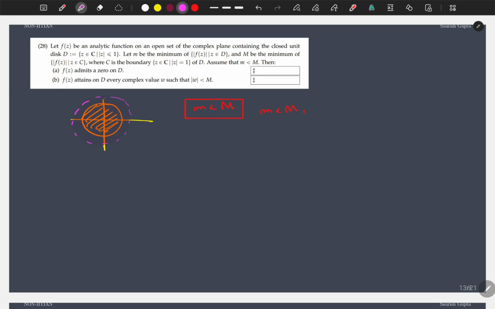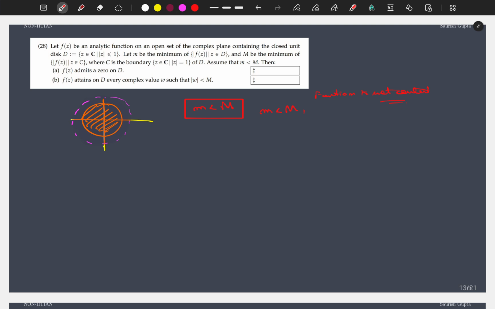Are you getting my point? It's given on this open set, and we are told that the minimum and the maximum are different, which means that the function is not constant. So the function is not constant, and also the minimum is attained somewhere within the region of analyticity. So by the minimum modulus principle, there are only two possibilities.